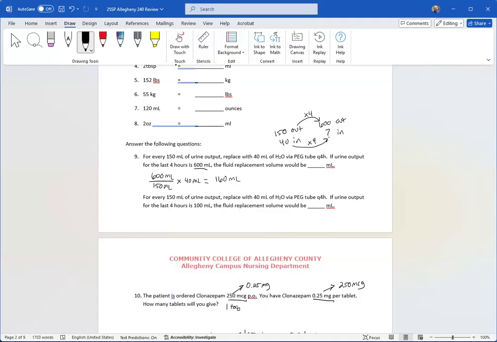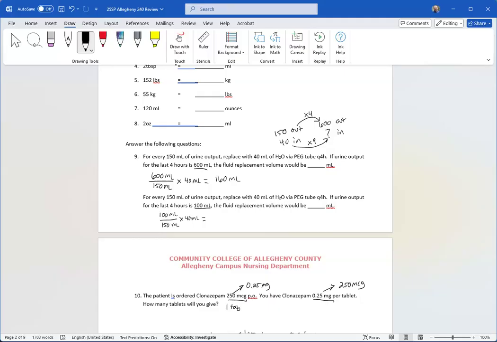I can do the same thing here where it's the same replacement, 150, 40, but this time the output is only 100. So the actual output is less than the expected output, but I'm still going to do the same setup: my actual output over my expected output times my replacement volume, and I'll get the correct answer this way.